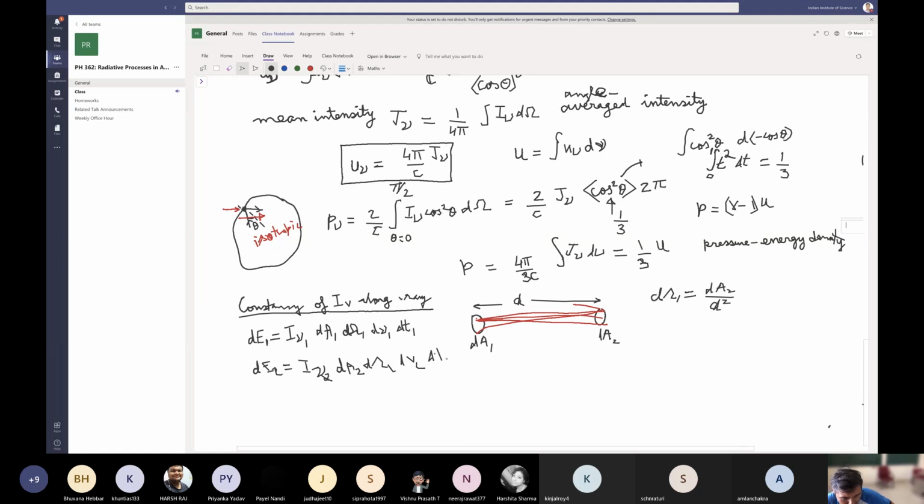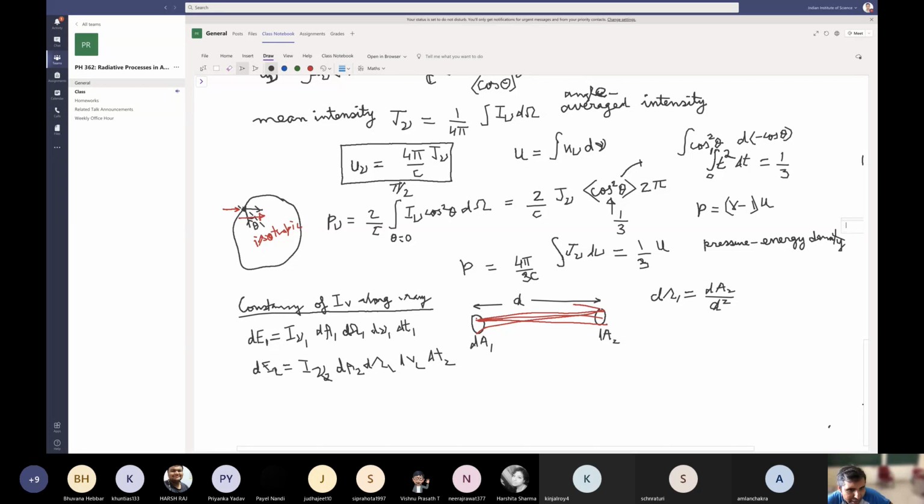Now we know that in vacuum, d nu 1 and d nu 2 are the same. The range of photon frequencies which are crossing area A1 and area A2 will be the same. Similarly, the time dt1 over which you are measuring these photons will be the same as time dt2, because light travels with speed c.